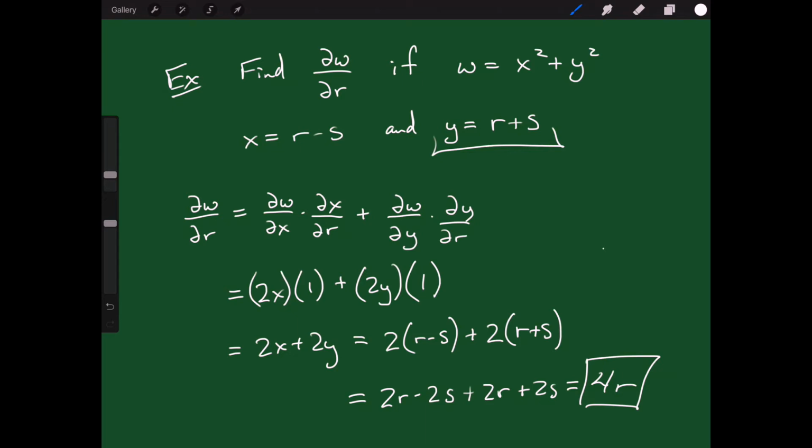Now, let's look at a different situation. We could also have w be a function of x, and we could have that x is a function of r and s.